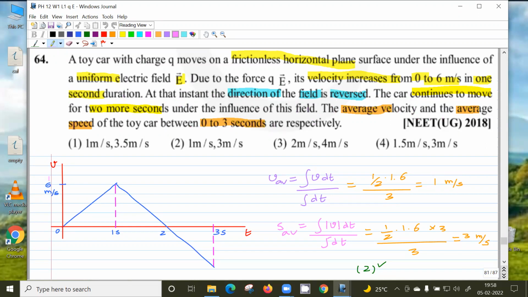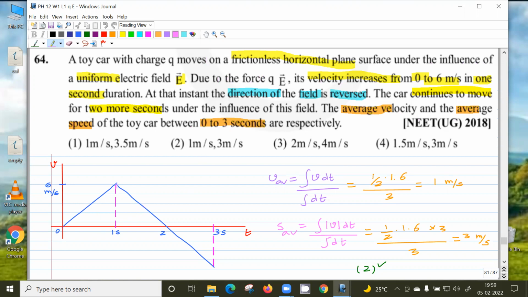If you draw the velocity versus time graph, 0 to 1 seconds, it will be a straight line like this. Velocity is 0 at the start because it starts from rest; the electric field is switched on only at t equal to 0.